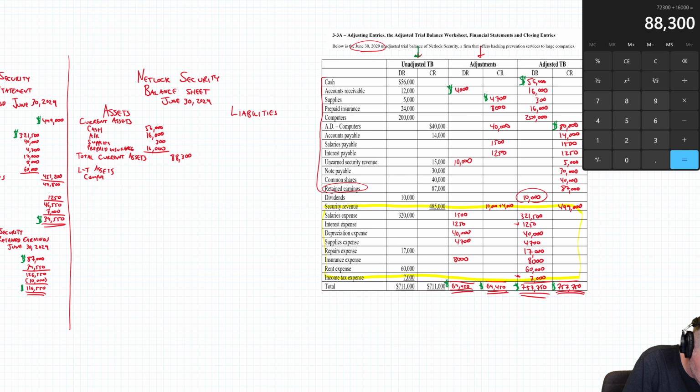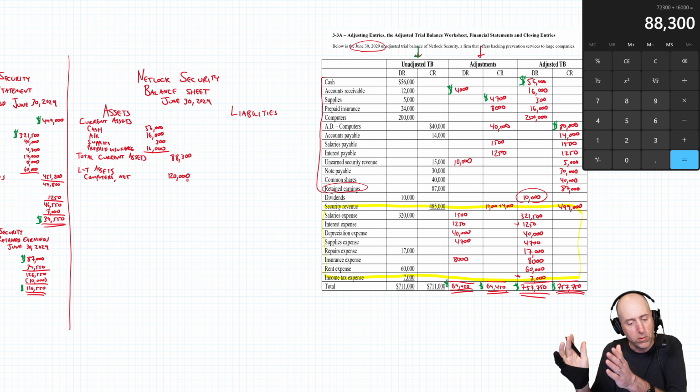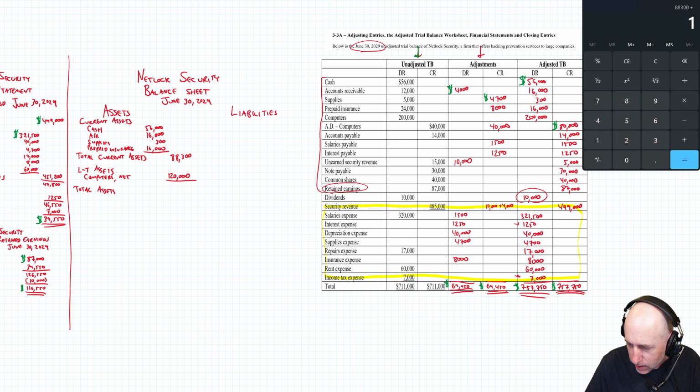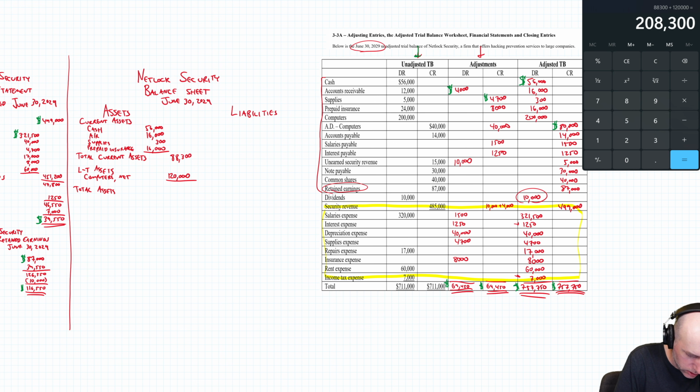We go computers, net, 200 minus 80 is $120,000. And because there's only one, we put it in the totals column. All right, so that brings us down to our total assets. 120 plus 88 is 208,300.